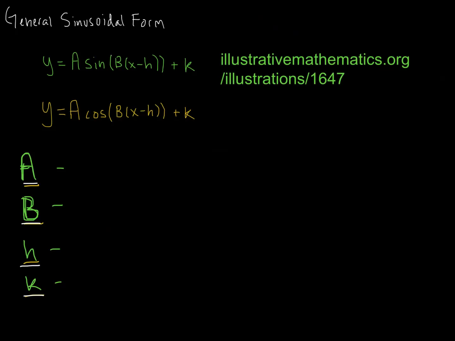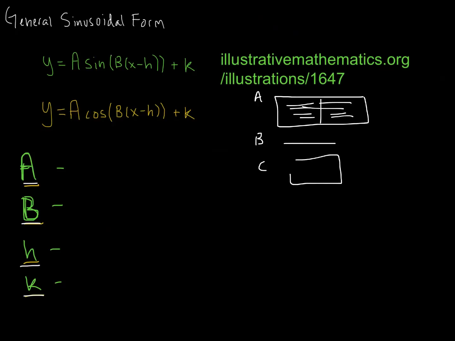What your work will look like is you'll have the table with a bunch of different entries in part A, you'll have your answer to part B, and then in part C another table with a bunch of entries as well.